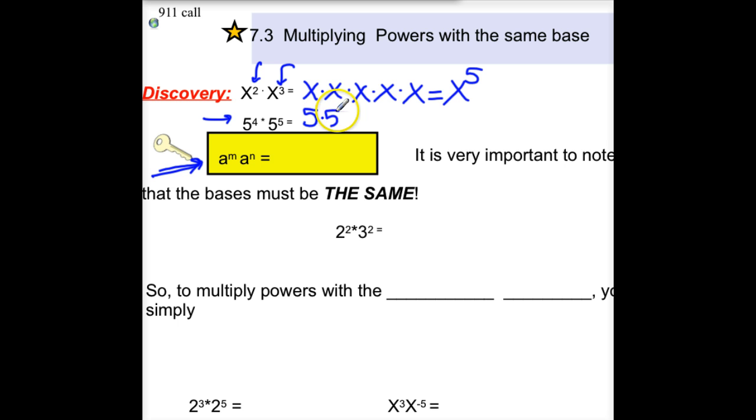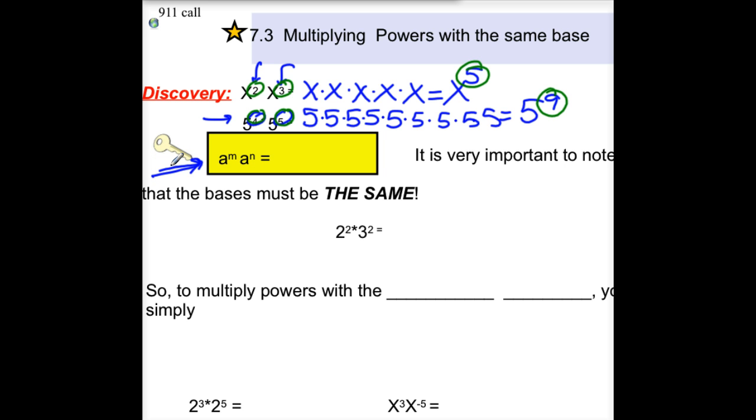So this would be 5 times itself 4 times, and then 5 times itself 5 times. And when I'm all done, and I had 4 and then 5 more, you'll notice I have 9 5s. So you can see a definite connection between the exponent in my answer and the exponents in my original problem. It is obviously a situation where I'm adding the exponents.